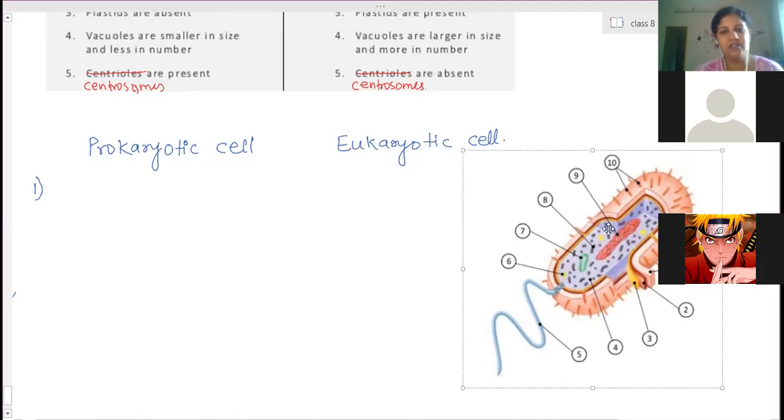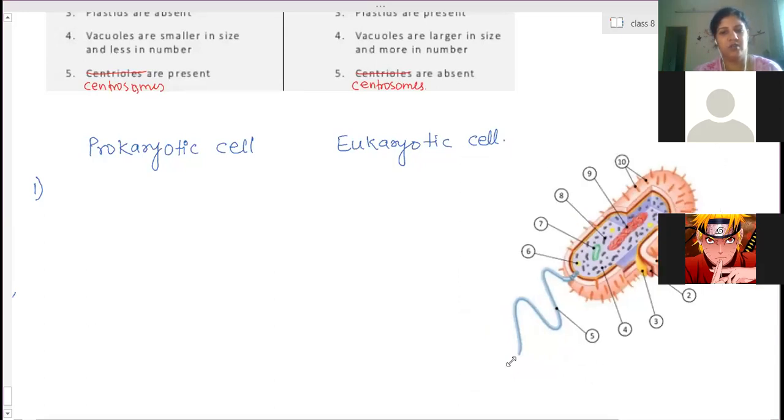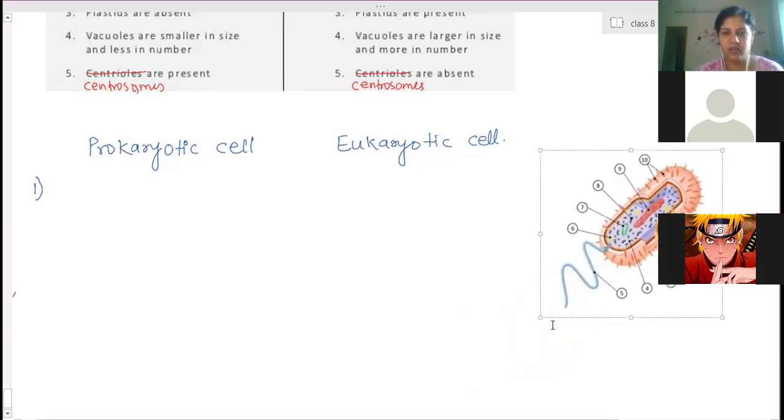All other organelles are not present: mitochondria, centrosomes, vacuoles, plastids, lysosomes. They have only RNA structure and the basic protein. No other membrane-bound organelles are present. That is what we call a prokaryotic cell.